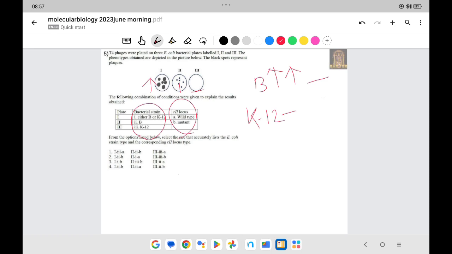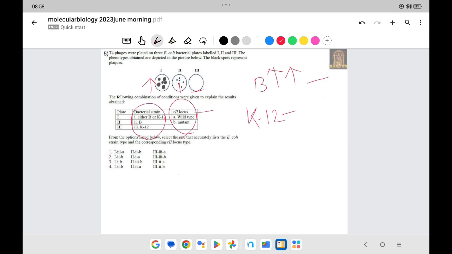And the next one is the viral part. It is talking about the T4 phage, and it is talking about the R2 locus. This locus in the phage genetics is very important to determine whether this virus is going to do the lytic or lysogenic cycle. It also determines the host range of this T4 virus.